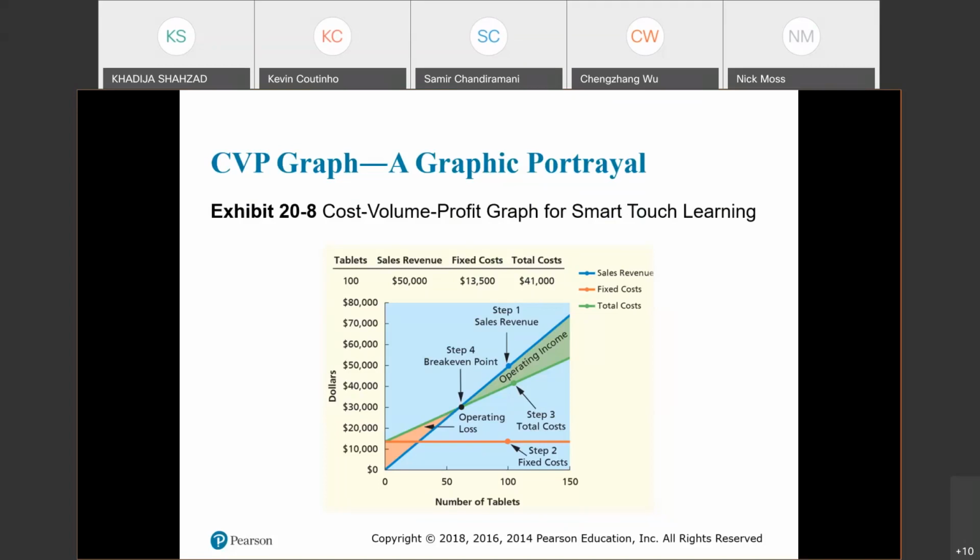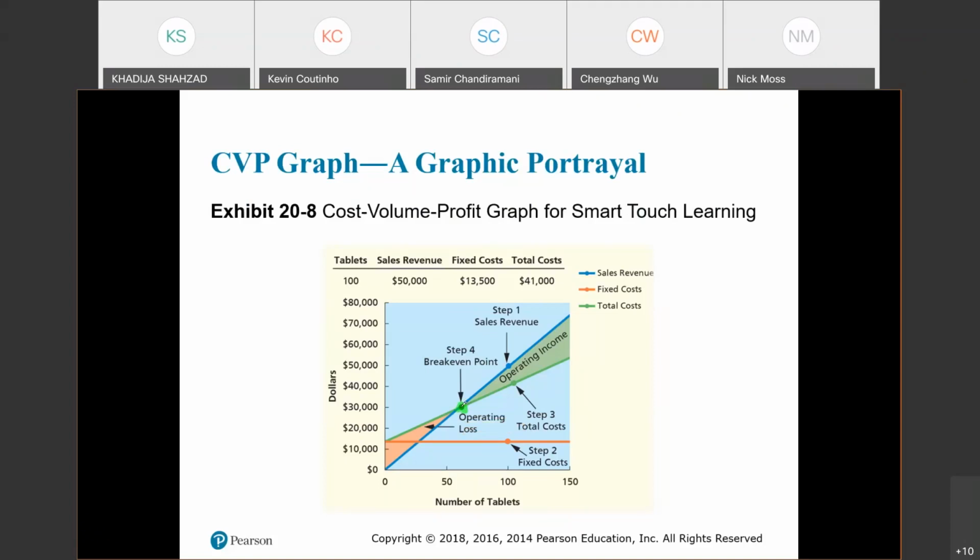So there is a very interesting point in this graph. That is the intersection of the blue line and the green line, or in other words, the intersection of sales revenue and total cost. This point is called the break-even point.